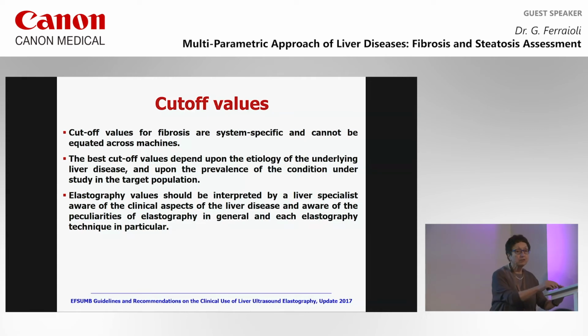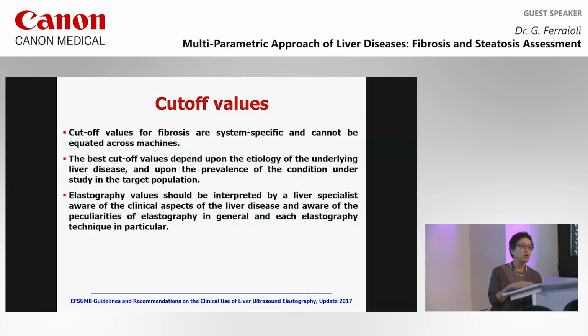And it is not possible to use the same cutoff values for every equipment. So we have to refer to the cutoff of that system, and cutoffs are also not the same for all the etiologies of liver disease.